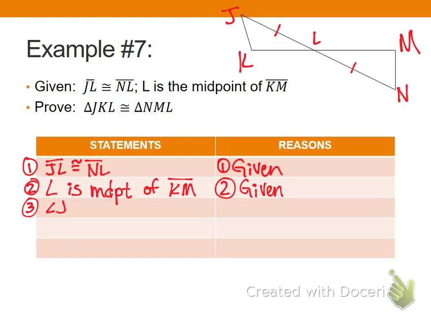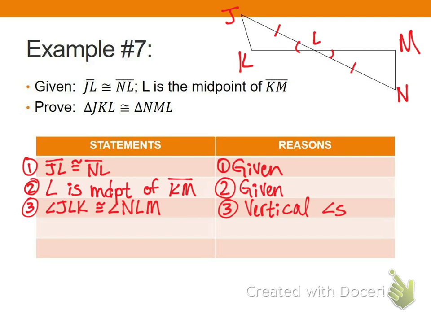So I could say that angle JLK is congruent to angle NLM. My reason would be vertical angles. Okay, so anytime you have a diagram, things like vertical angles or things like the reflexive property are going to be common things you can see out of a diagram. All right, takes care of that.